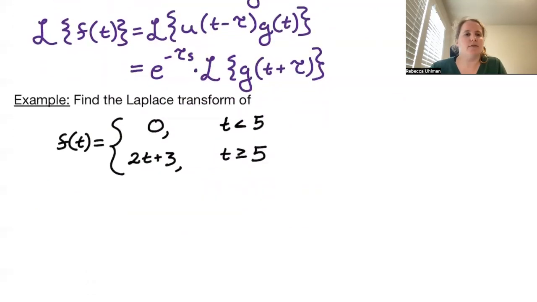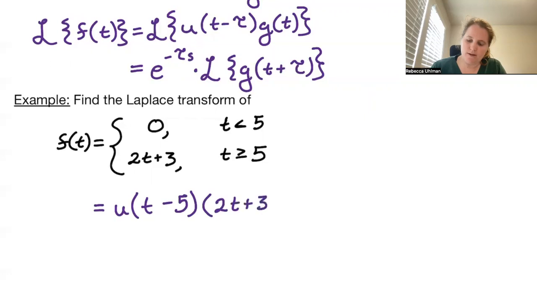So let's consider the function f of t equals 0 for t less than 5 and 2t plus 3 for t greater than or equal to 5. So then we have that f of t is equal to the step function u of t minus 5 times 2t plus 3.